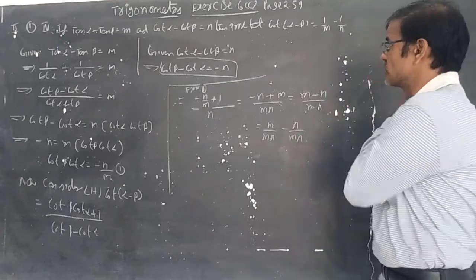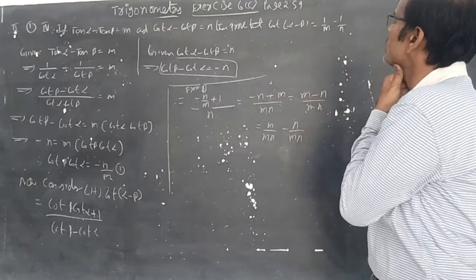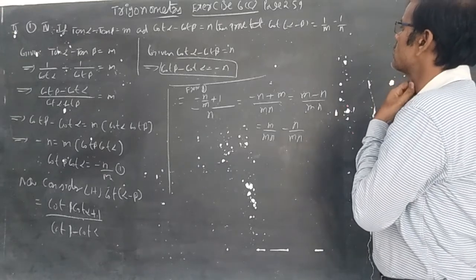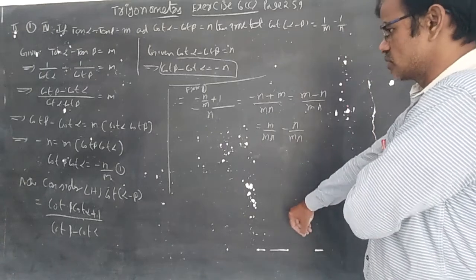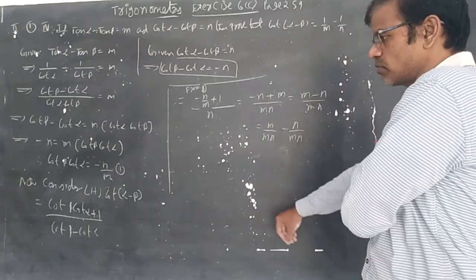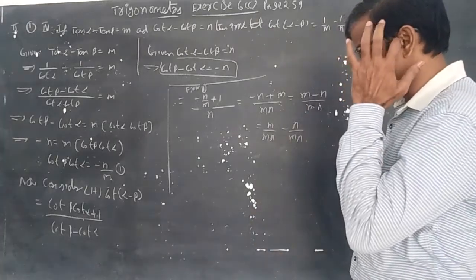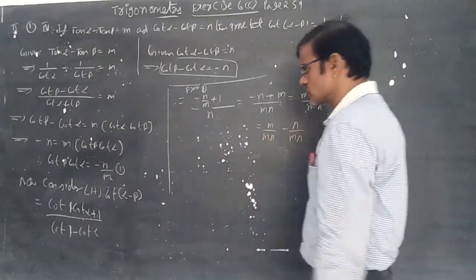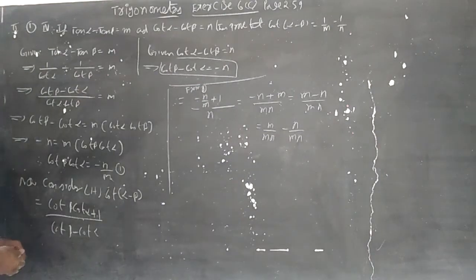So the formula, students: cot of a minus b is cot b cot a plus 1 by cot b minus cot a. Exactly right. So cot beta cot alpha plus 1 by cot beta minus cot alpha.